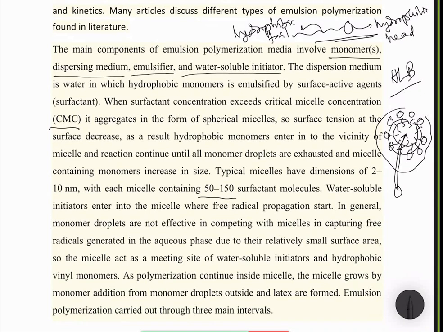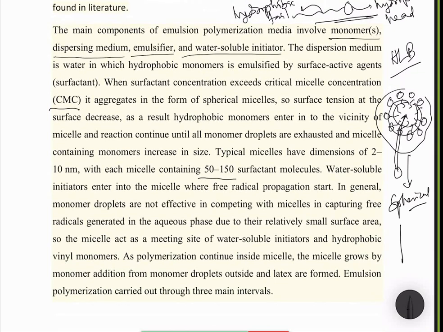Now, in emulsion polymerization, when the surfactant is used above a certain concentration, it solubilizes in an aggregated form, which is called a micelle. This aggregation creates a special geometrical shape. It could be a spherical micelle, or it could be rod shaped.